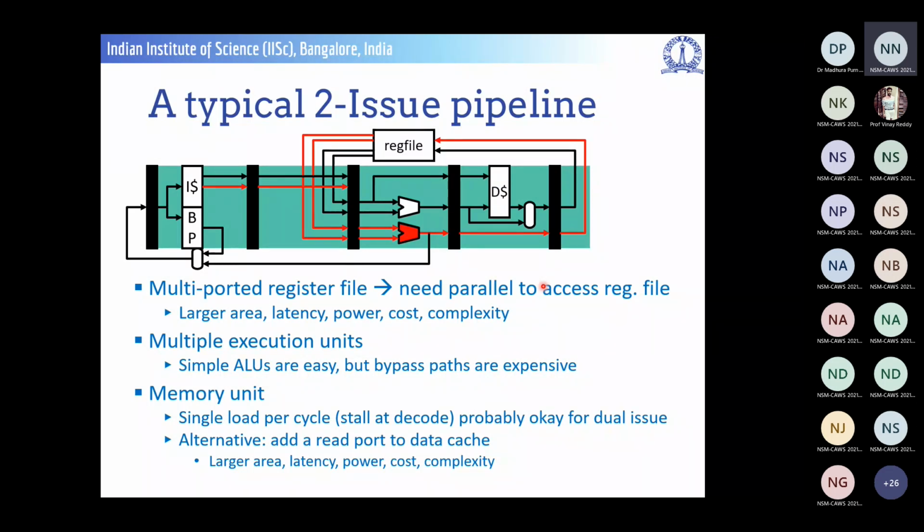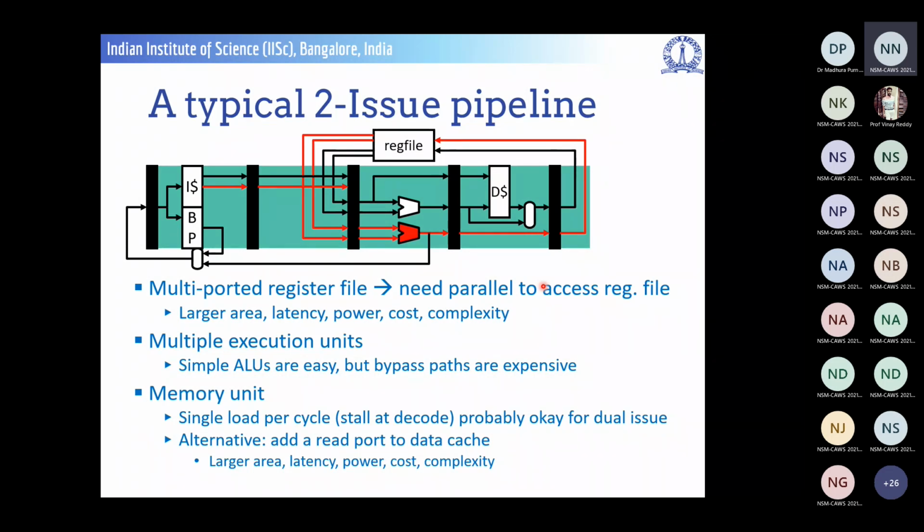Okay. So we talked about the multiporting of the register file. The easier part is adding more and more execution units, because at the end of the day, if you're trying to issue 2 instructions in the same cycle, both of them could be in the execution stage, so you have to have resources to compute.